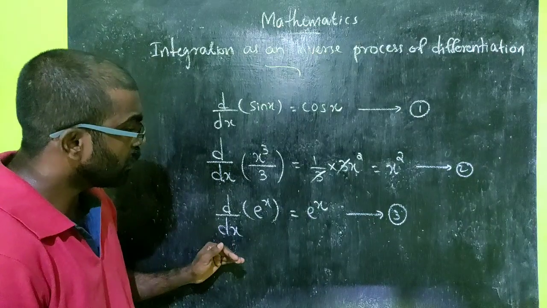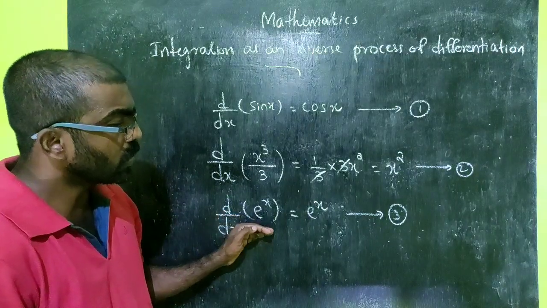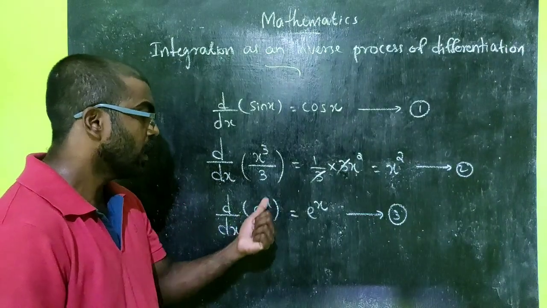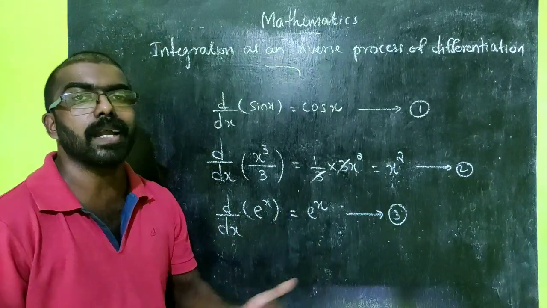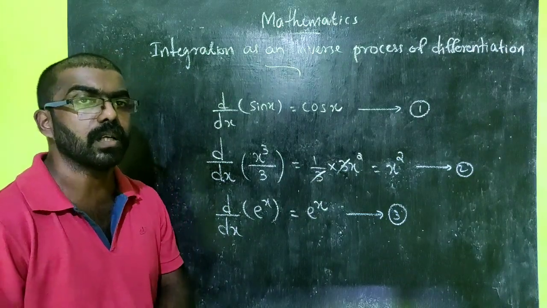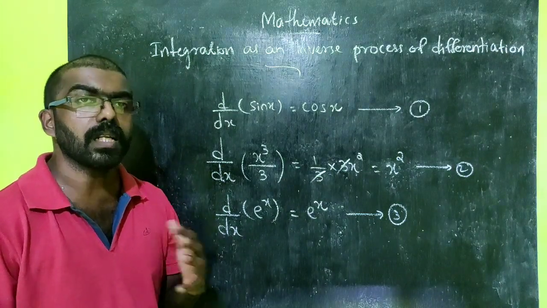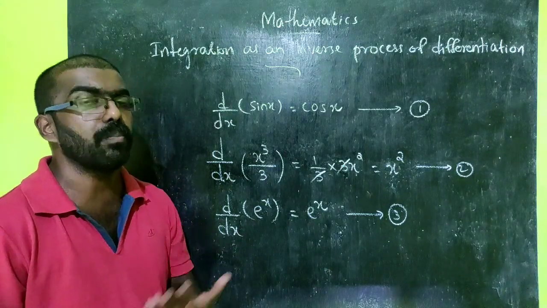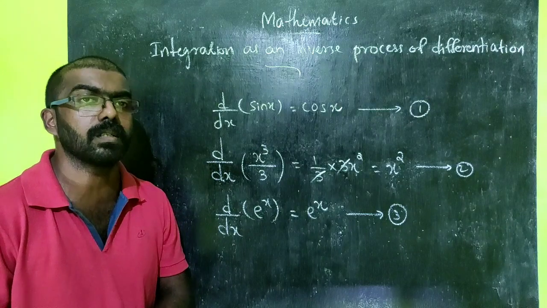And in the third example, the derivative of e raised to x is e raised to x itself, so in the reverse order, e raised to x is the antiderivative or integral of e raised to x.